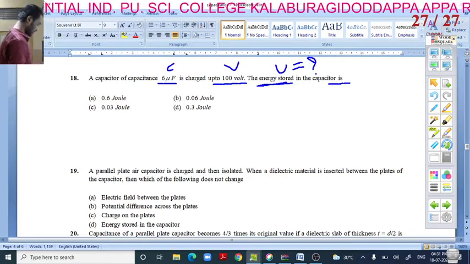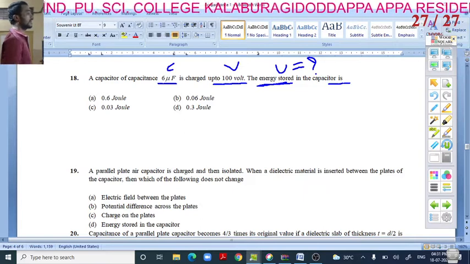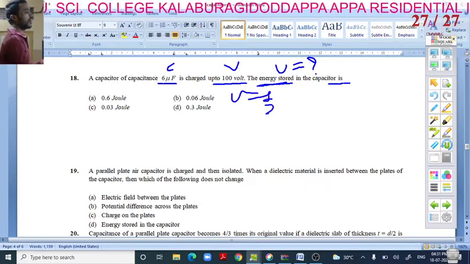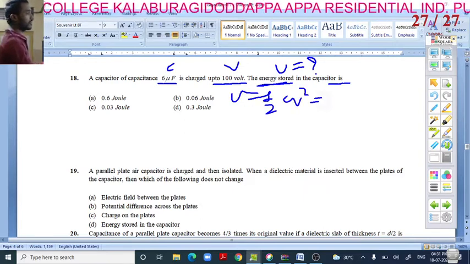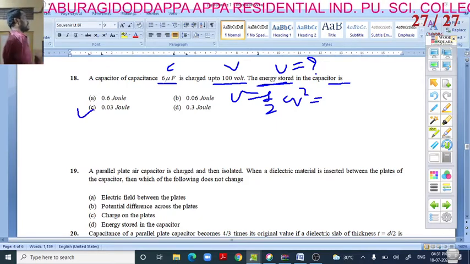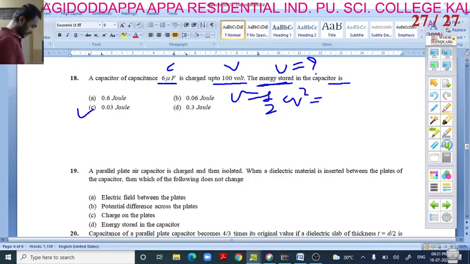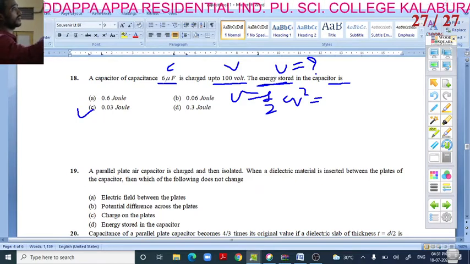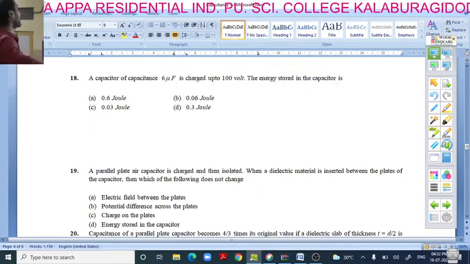Direct question: U is equal to half CV square. You can try this, so that our answer will become the third option. Okay, I will go for the next.